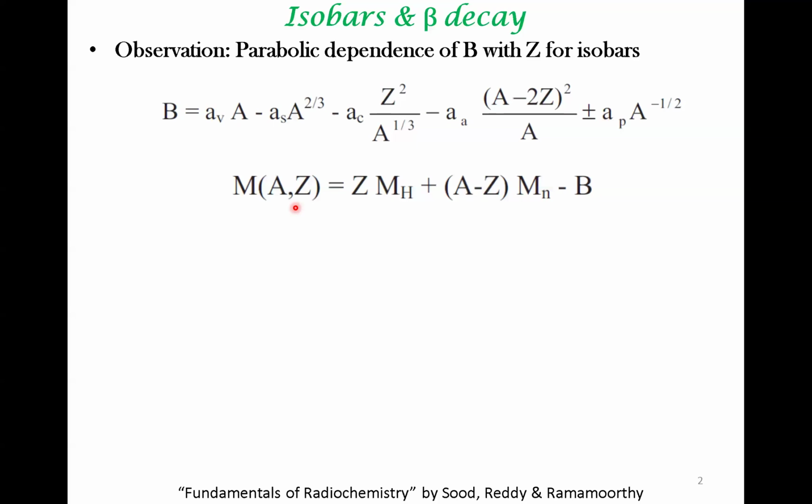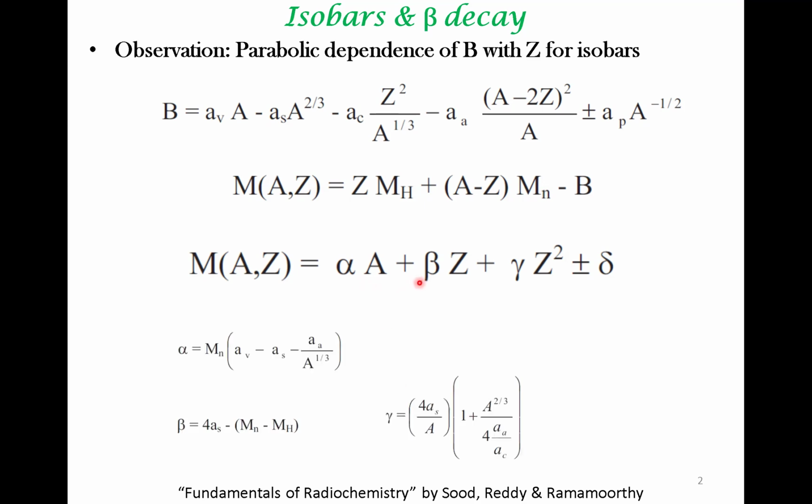Here we are looking at isobars, so you keep A constant and then vary Z. If you put these two things together, you would get a formula like this, elaborated here.